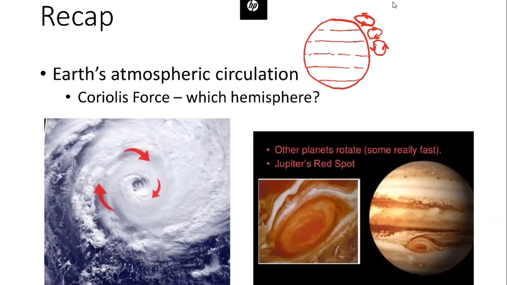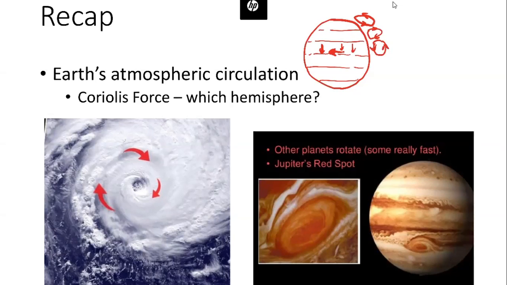Further, we introduced how the Coriolis force affects the general wind circulation. We mentioned that at the equator, the wind is blowing from east to west, mainly because of the Hadley cell. But because of the Coriolis force, everything is going to bias right in the northern hemisphere.